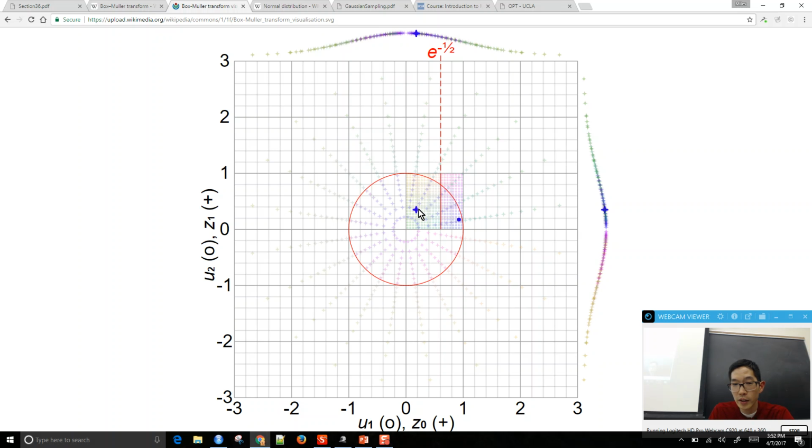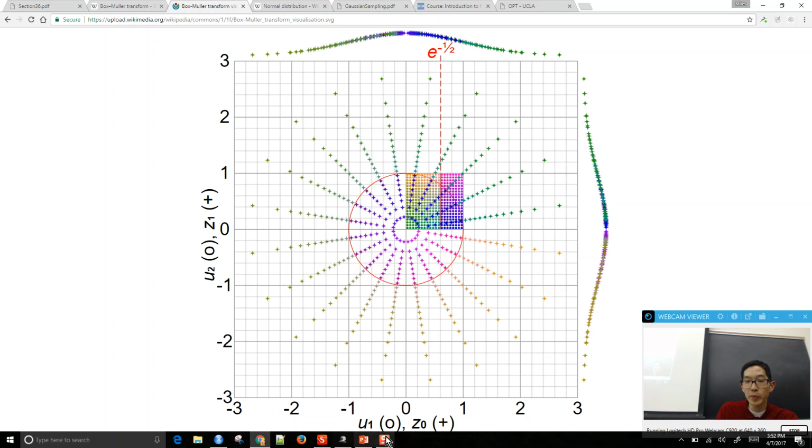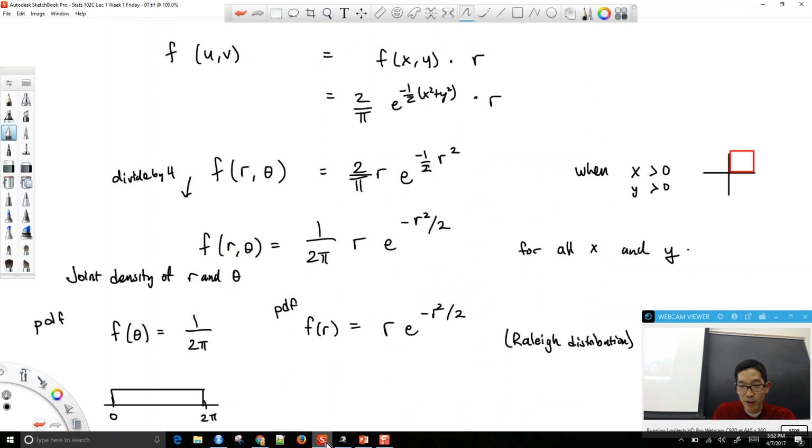And on the other hand, if we stay in one location in the other direction, we keep the same theta angle, but we move farther away from the origin. All right, and so this is the Box-Mueller transform, and it's a way for us to generate values from a random normal distribution.